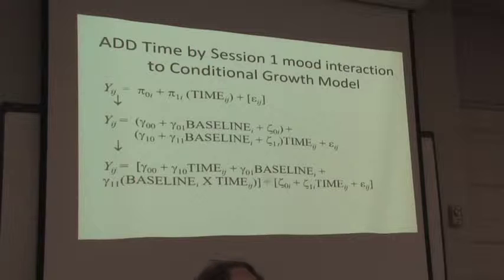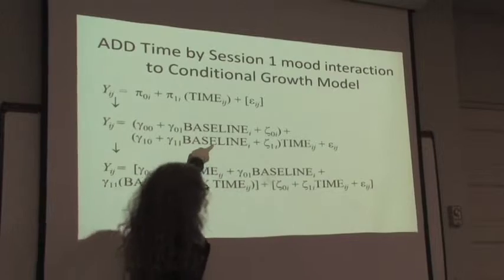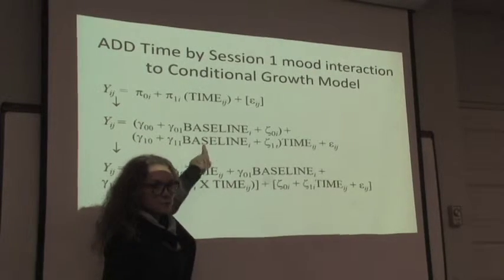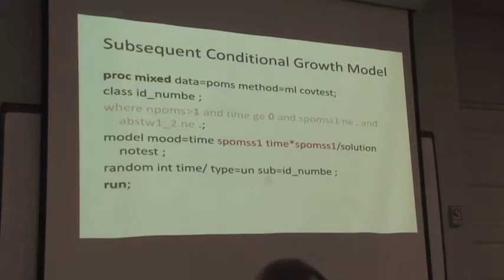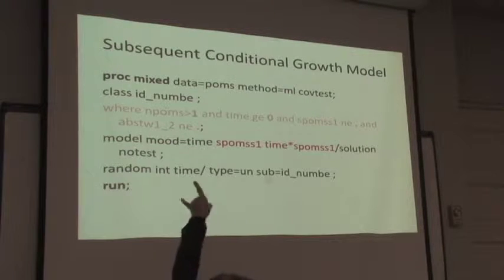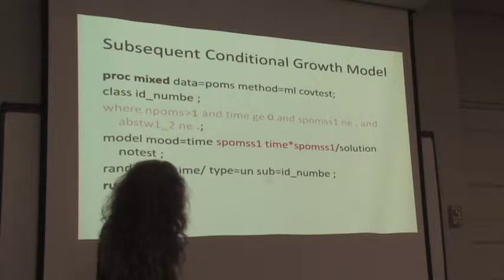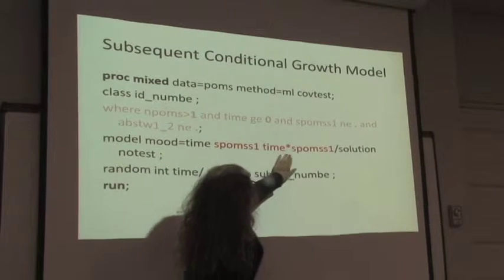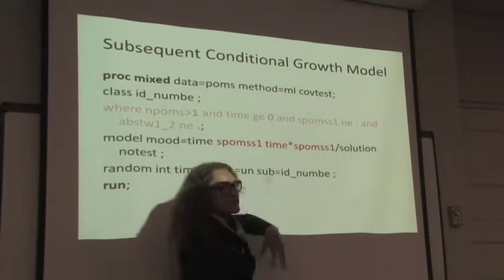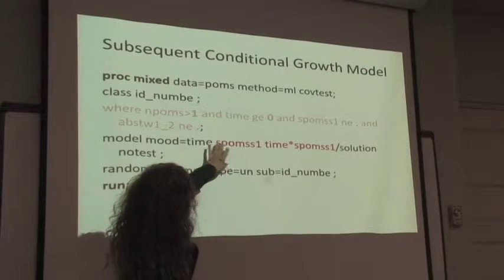All right, so now we're going to add negative mood by time interaction. So now we have negative mood at baseline predicting intercepts and slopes. You see? The only difference is we've added it here too. I'm showing you the SAS code, but the logic is pretty straightforward to be able to translate to the other programs.